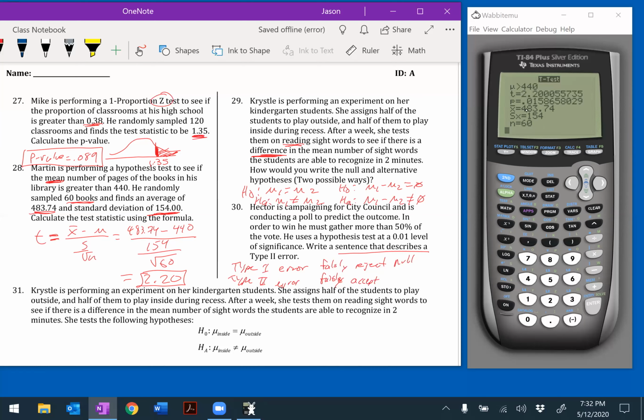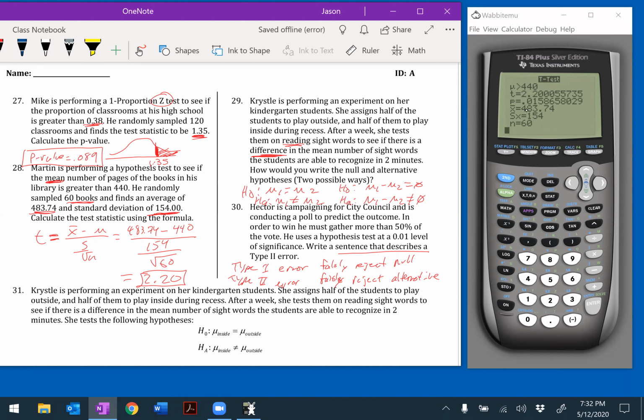So we fail to reject the null, which means type 2 error is to falsely reject the alternative. Okay, so falsely reject the alternative. Yeah, that makes sense. So type 1 error is to falsely reject the null. Type 2 error is to falsely reject the alternative.